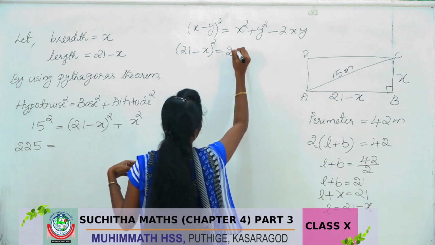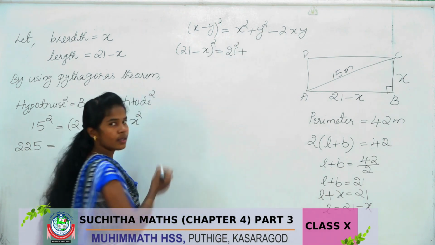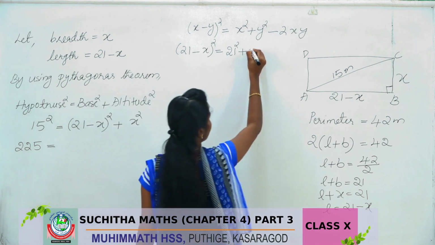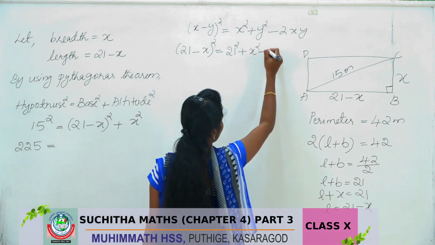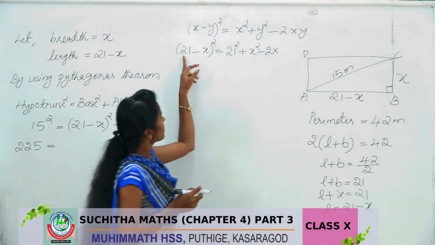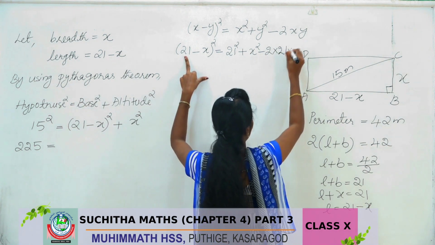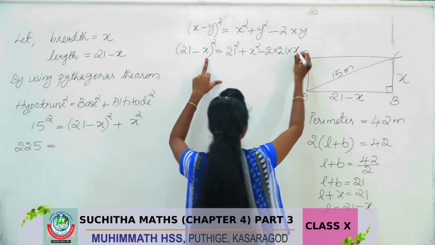That is 21 square plus y square. Here y is x. Therefore it is x square minus 2 into x into y. Here x is 21 into y, y is x.